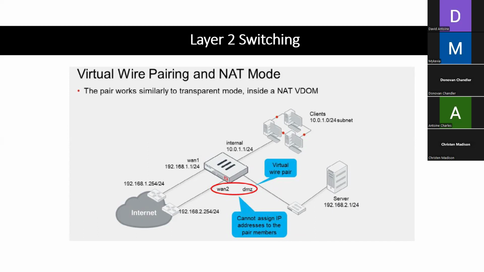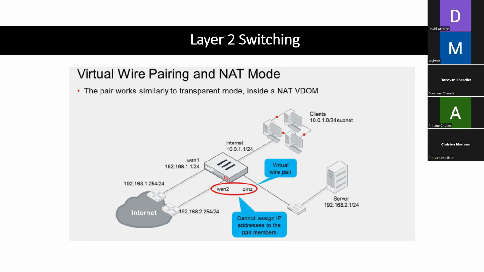Now let's sidestep and let's talk about WAN 2 and the DMZ interface. I don't see IP addresses on there. And the reason why there's no IP addresses on there is because Antoine configured them as a VW pair, a virtual wire pair. They don't need IP addresses.